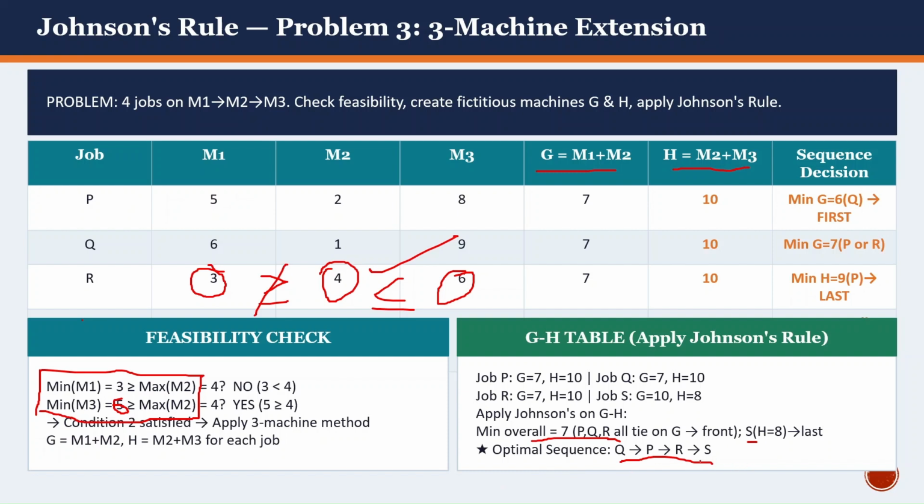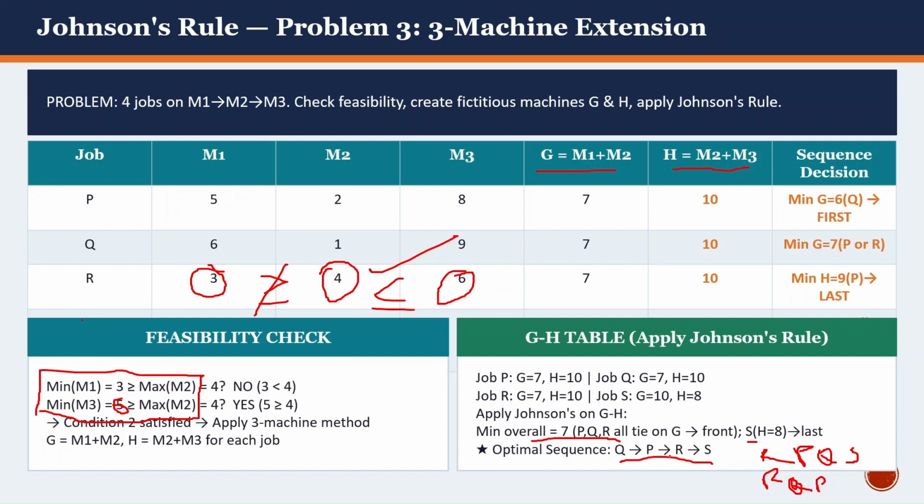Like QPRS is written, RPQS is also feasible, and RQP is also feasible. These are all optimal sequences that reduce the makespan, or the idle time of the machine.